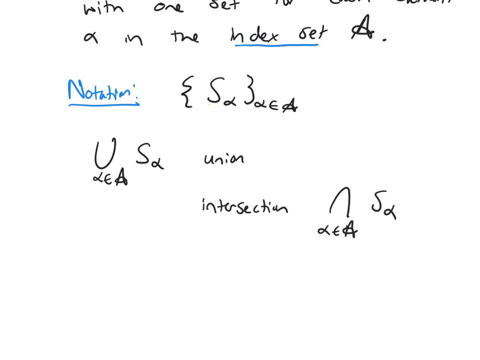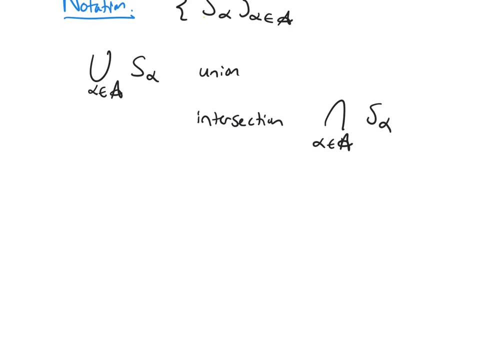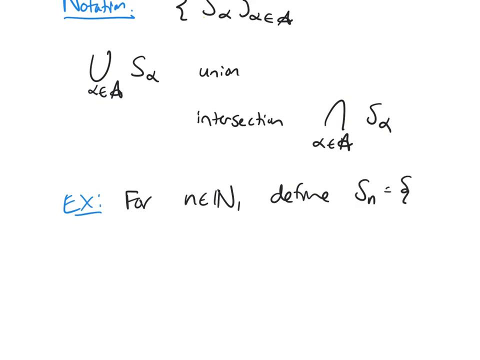So let's look at an example here. For n in the natural numbers, let's define the set Sn to be the set containing the two numbers n and 2n. So, for example, S1 would be the set containing 1 and 2.